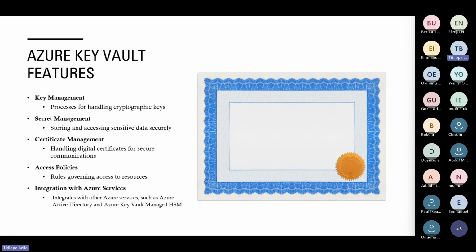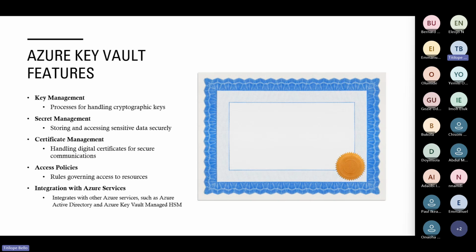Secret management has to do with safe storage for your passwords. We know passwords are confidential. It provides safe storage for your passwords and for your connection strings for your databases and other applications. And then the service also offers what we call certificate management.